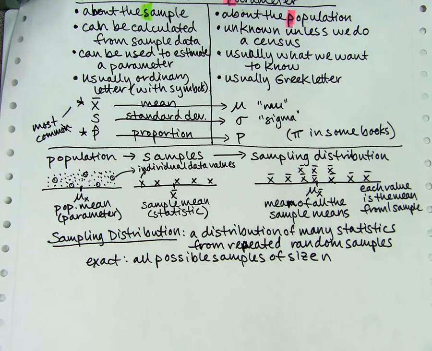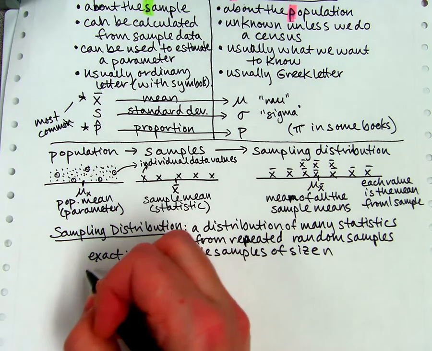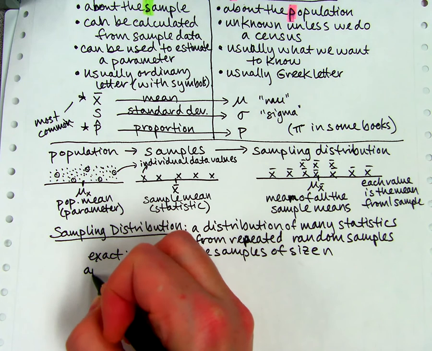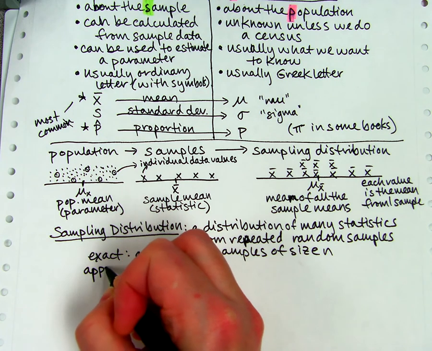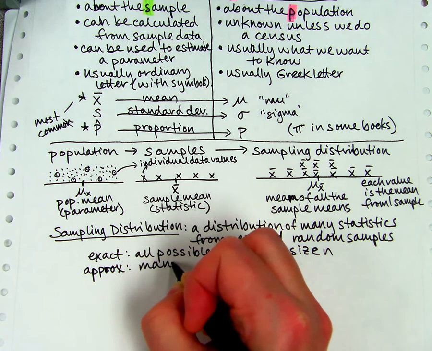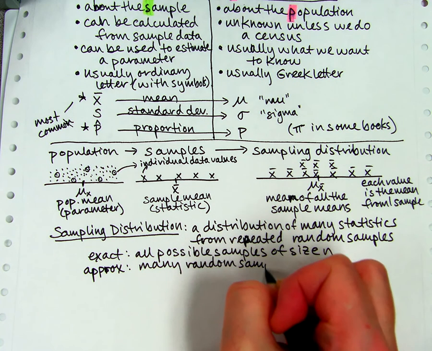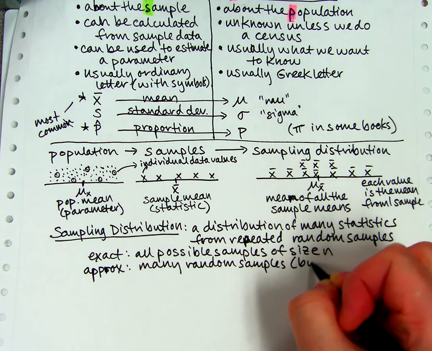That usually doesn't happen unless you're writing a computer program to do that. Most of the time, we're going to do an approximate sampling distribution, which means we just do many, but not all.